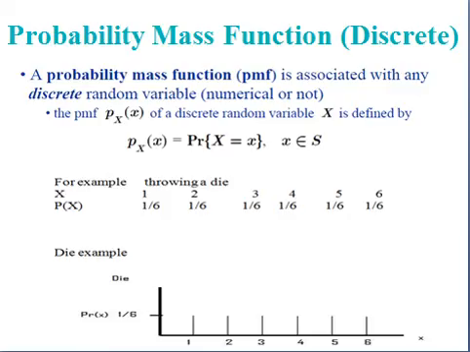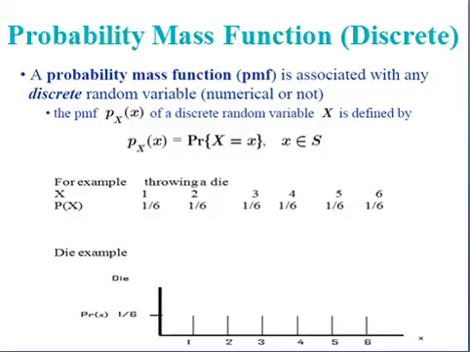Probability mass function, as we discussed, is for discrete, and here we are throwing a die. Probability of getting 1 is 1 by 6, probability of getting 2 is 1 by 6, probability of getting 3 is 1 by 6, probability of getting 4 is 1 by 6, probability of getting 5 is 1 by 6, and probability of getting 6 is 1 by 6.